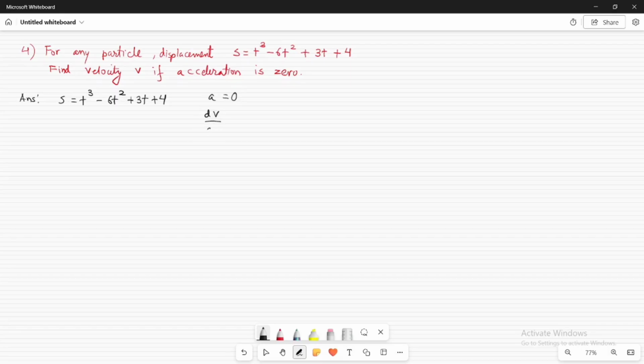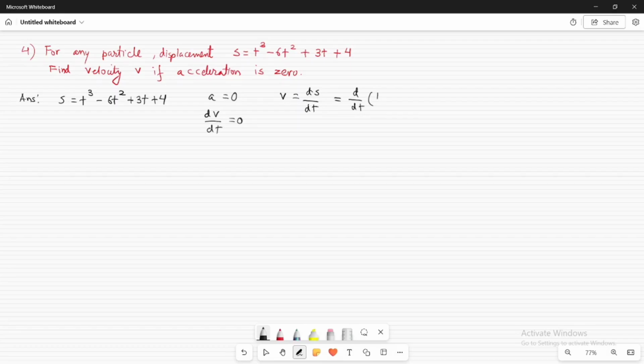Acceleration means change in velocity per unit time is 0, and the velocity value is not given here. That means we first have to find the velocity value. How to find it? The definition mentions that velocity is the rate of change of displacement.